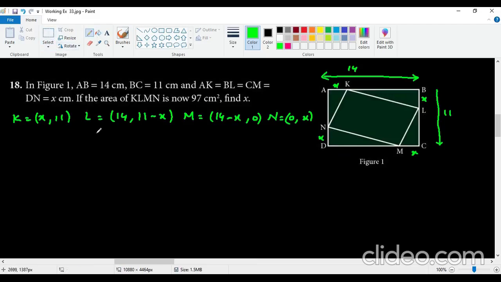In question number 18, the diagram is the same, but the dimensions are different. As you can see, AB is 14 and BC is 11, and all these small parts like BL and AK and ND and MC or CM both are X values that you can see over here also. Now, according to the conditions given in the question, go for the first part.